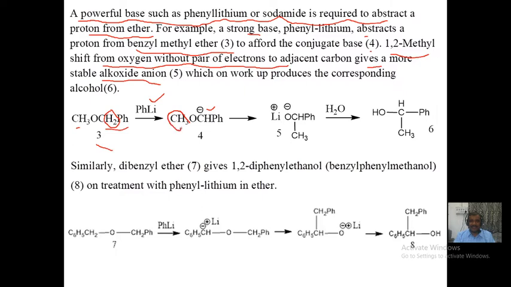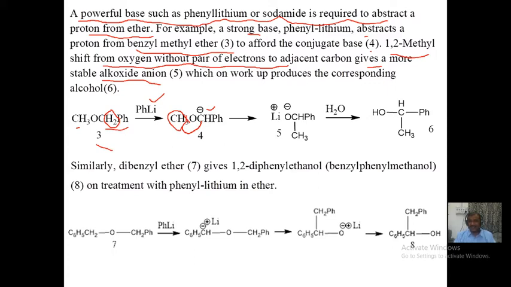There is a presence of an anion here, but in the next step what is going to happen? This particular group undergoes a 1,2-methyl shift from oxygen without a pair of electrons. This methyl group says, let me live without the pair of electrons, because where I am going to land, that carbon already has an excess of electrons.